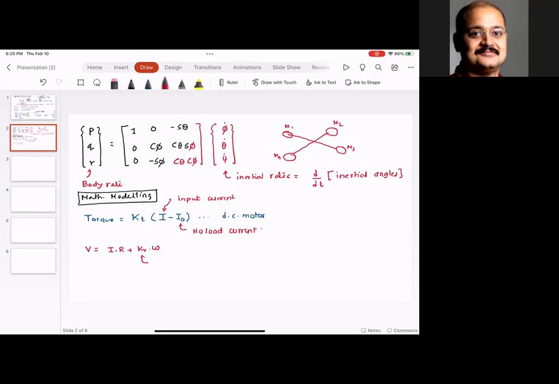So kV is back EMF divided by RPM, multiplied by RPM. That gives you the back EMF, and this is the voltage drop, and this is the supply voltage.